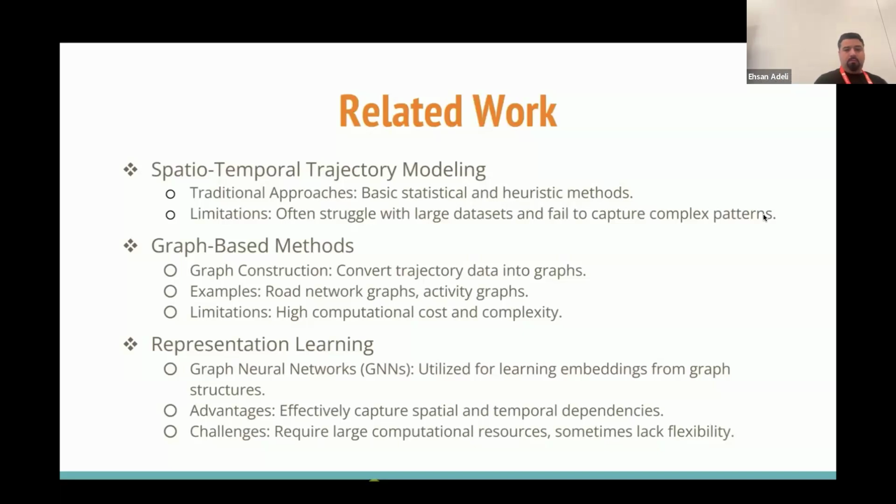To further enhance representation learning, graph neural networks, or GNNs, are utilized. GNNs effectively capture spatial and temporal dependencies by learning embeddings from graph structures. However, they require significant computational resources and sometimes lack flexibility.